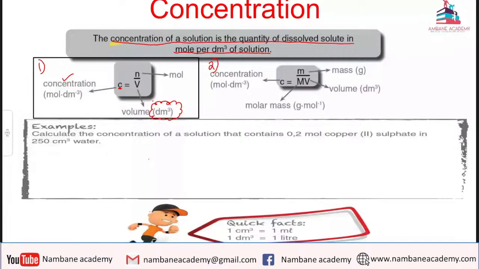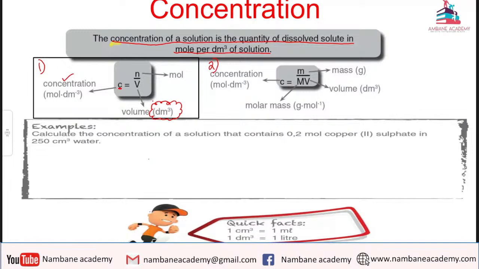At times, we want to see the build up to the answer. At times, we award a mark for multi-steps. What does that mean? This means n is equal to m over molar mass, and C is equal to n over V.